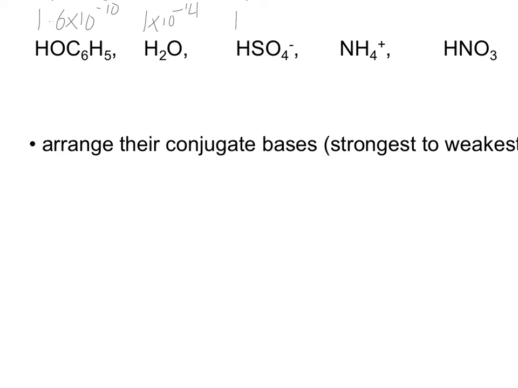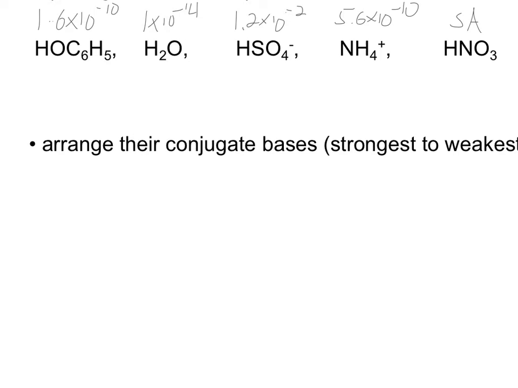HSO4 minus, 1.2 times 10 to the negative 2nd. NH4 is 5.6 times 10 to the negative 10th. And HNO3 is just a strong acid. You won't find that in the chart. Strong acids don't have equilibriums. They go 100% break apart.